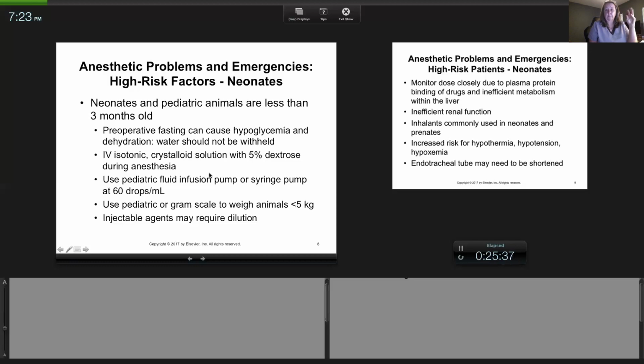And then be very cautious with the fluid pump that you use, because if you put them on a regular drip, a 10 drop per mil, and you set the rate wrong, you can overhydrate these patients and you can drown them. I told you about that patient that we fluid overloaded at Purdue because they set the pump wrong.